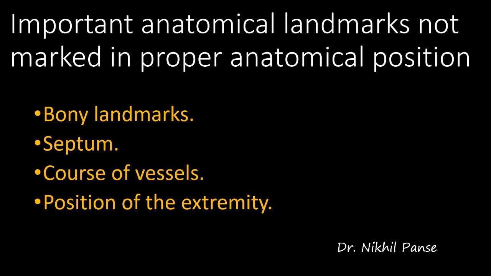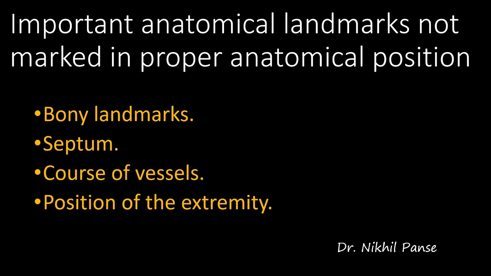One of the most important and common examples of this is the posterior interosseous artery flap. Now it is typically described that the PIA flap should be marked, should be elevated with the extremity, with the hand in prone position on the chest of the patient.